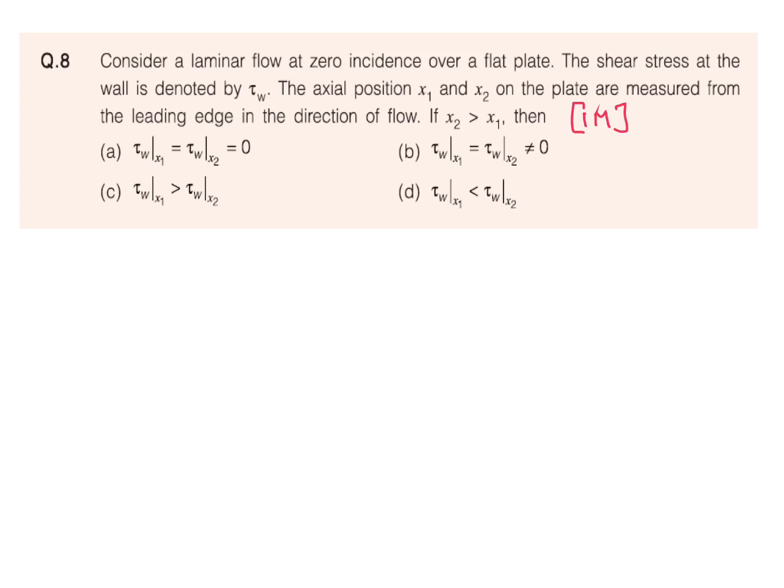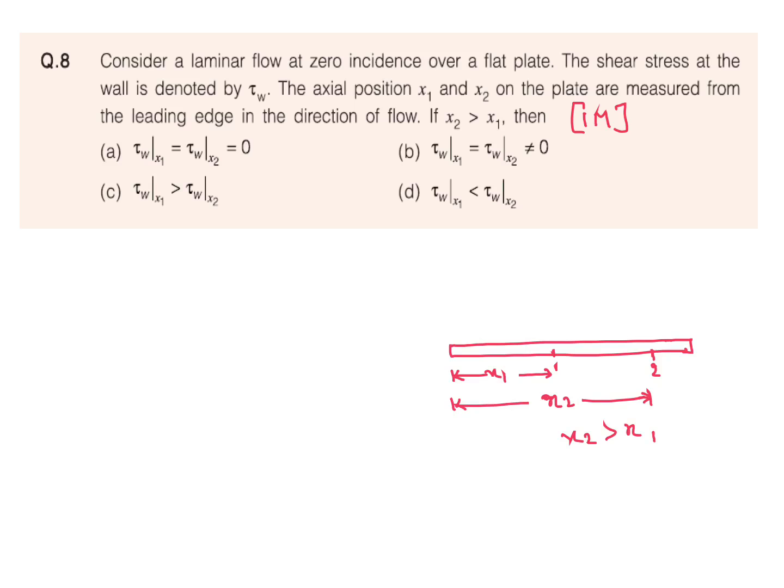So apply the Blasius equation. Say flat plate. Let this be position 1 and position 2. This value is x1 from the leading edge, and this is x2. Already given x2 is greater than x1.